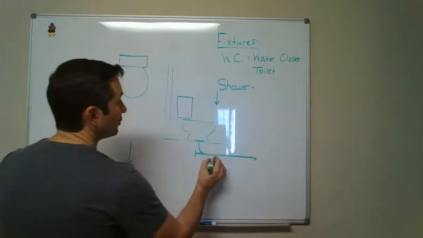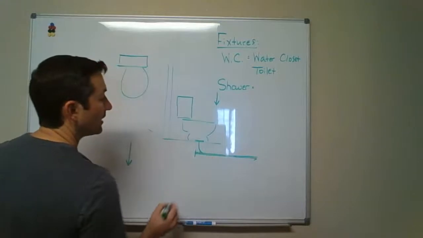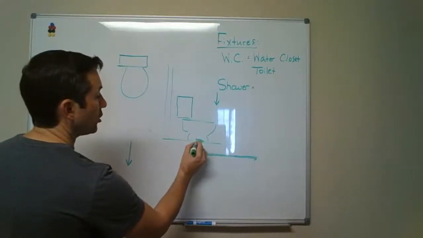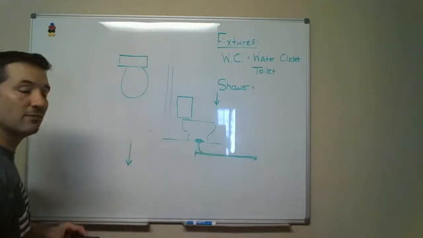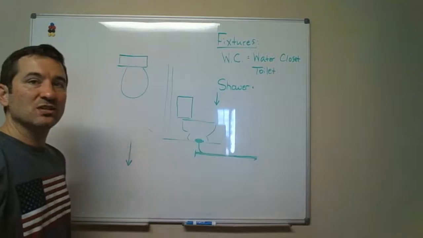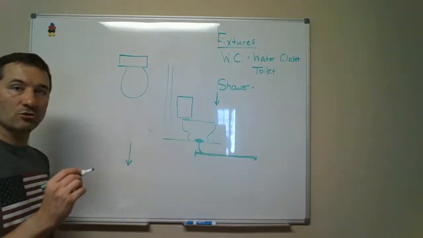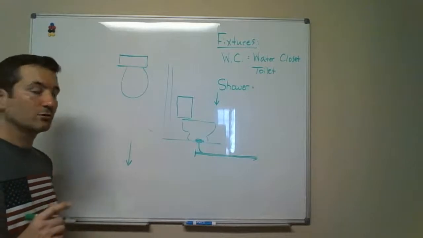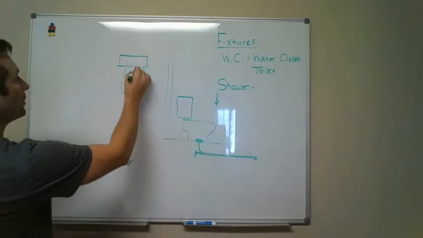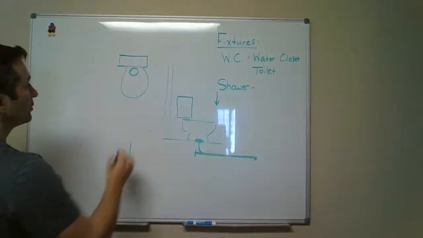If you look straight down, this is going to look like a solid line. And then when you look here, it's going to look like a round open piece of pipe. If you remember, solid lines represent horizontal drain pipe, and circles represent vertical turns in the pipe. We need to make a vertical turn right under the toilet, so we put a circle there to represent the vertical turn.